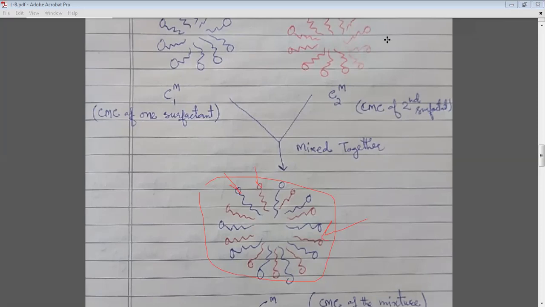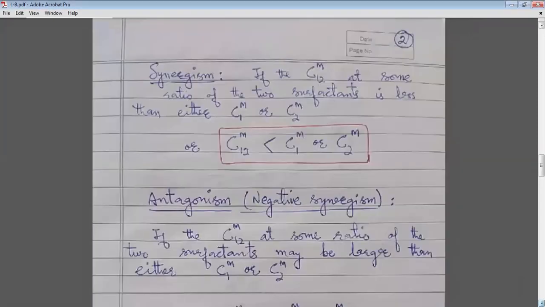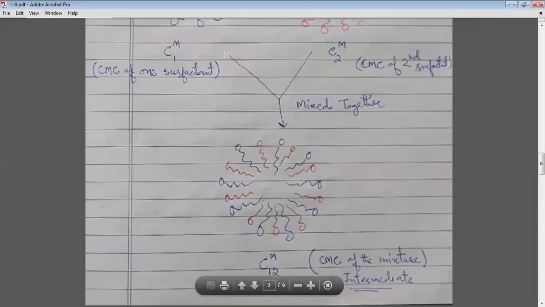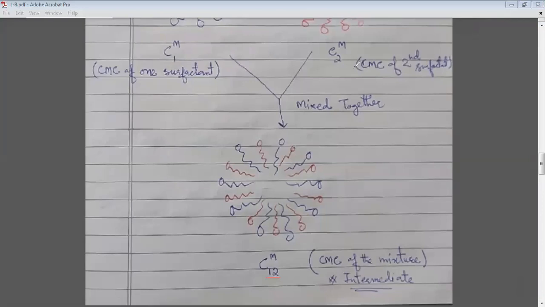So there are two terms related to this type of aggregation or associated colloid. For example, the mixed CMC is represented as C12M, where M stands for micellization.